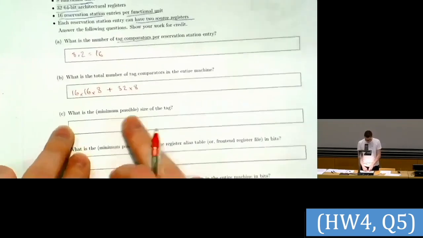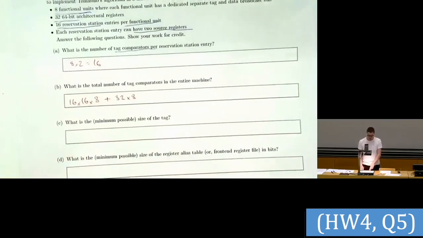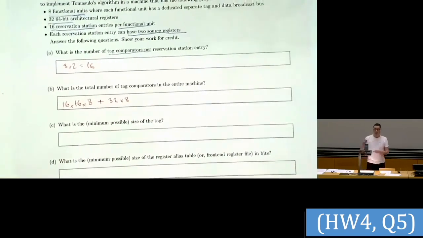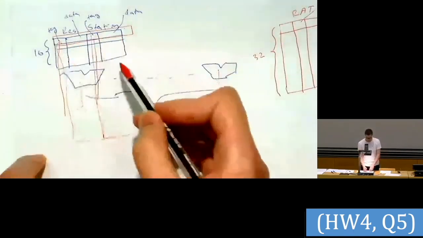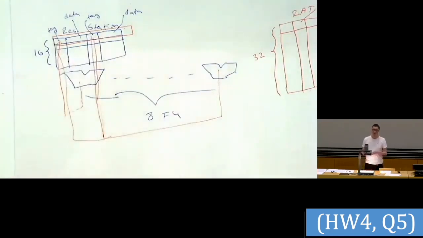What is the minimum possible size of the tag? This depends on how many entries you have in all reservation stations. As we show here, in a single reservation station, you may have 16 entries for which you can do some computation and produce a result.